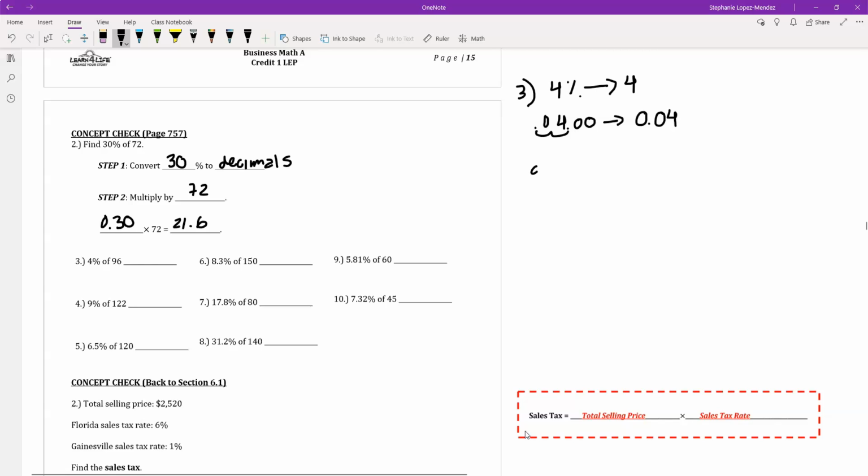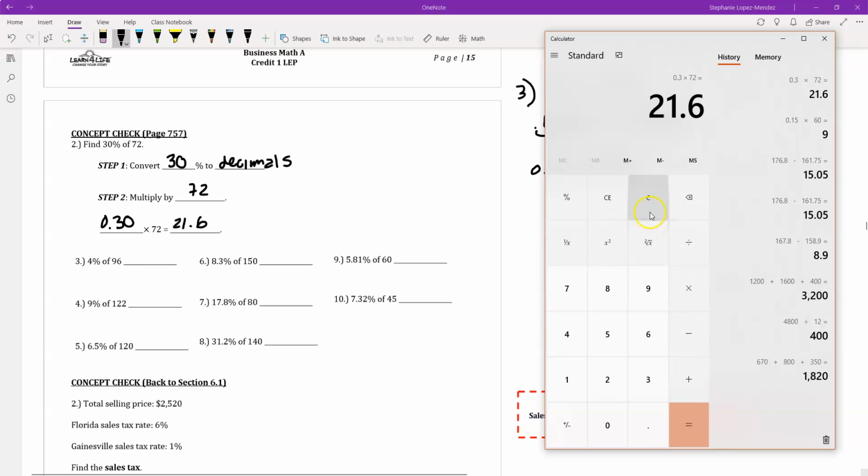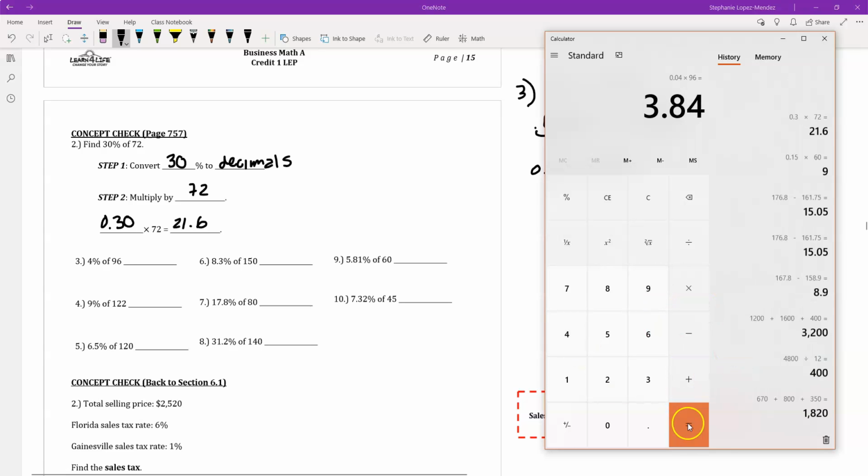So I take the decimal number, then I multiply by 96. So I go now to my calculator and I put 0.04, which is the decimal, times 96.